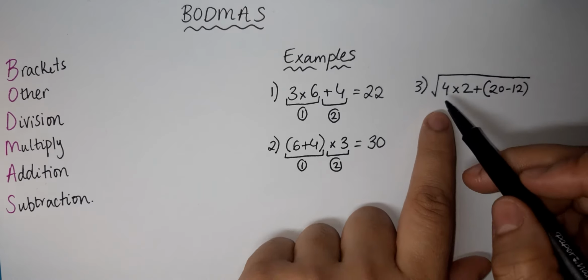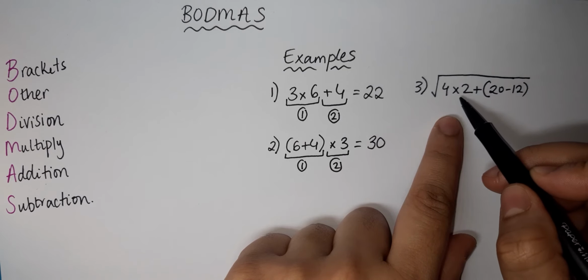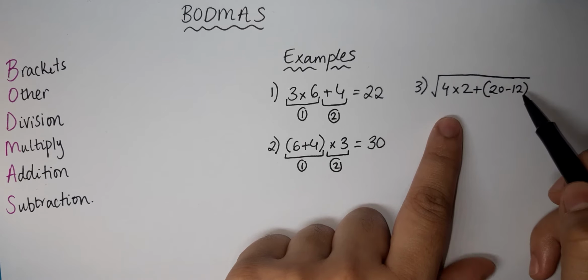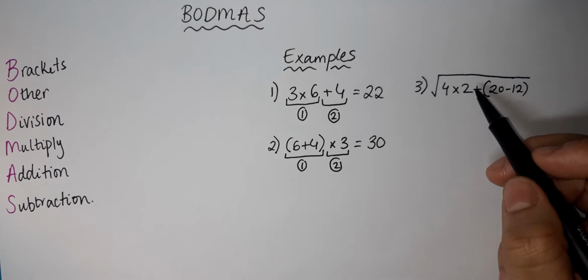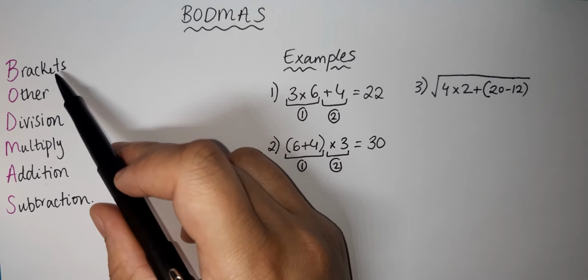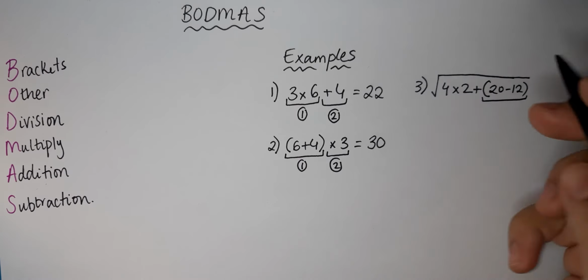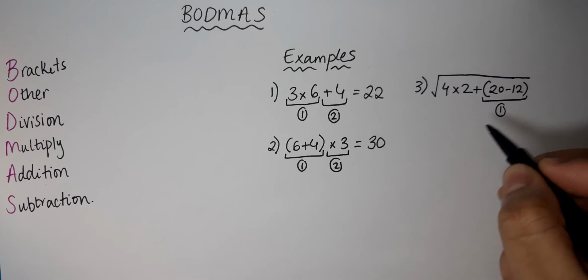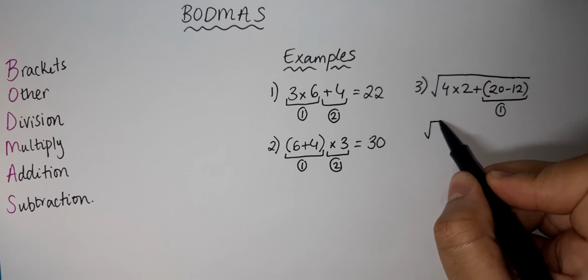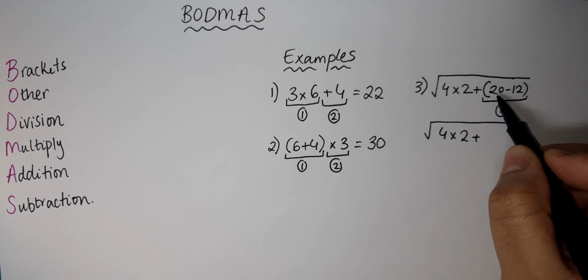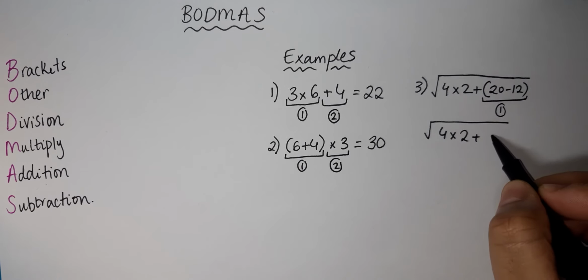So we've got a square root, we've got a multiplication, we've got an addition, a subtraction, and brackets. So in BODMAS, let's follow. So brackets first. So we would do 20 minus 12 first. That's our first step. So this would become 4 times 2 plus 20 take away 12 is 8, like that.